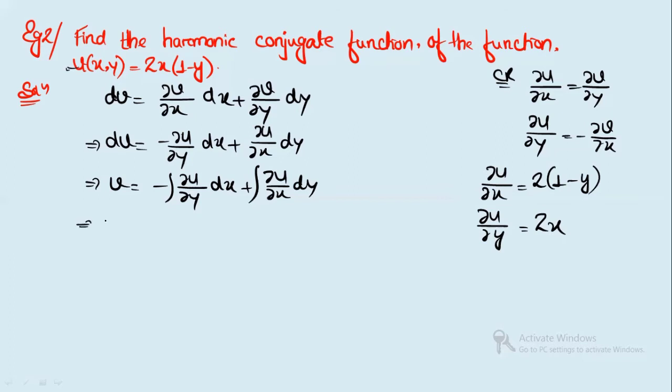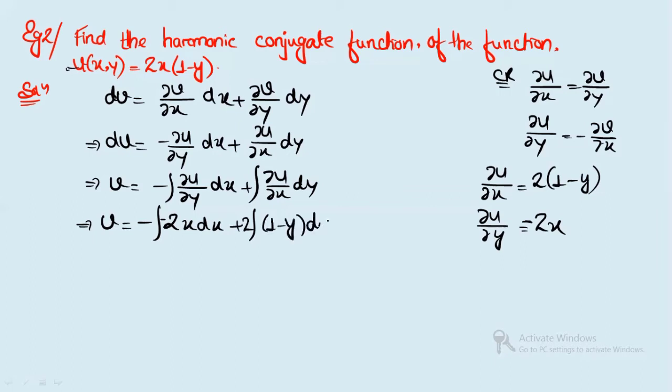So you will substitute here, this minus is as it is, and this will give you 2x dx. You can see there will be a negative sign also, it is minus y, so one minus will be there. I missed it, you can just check. Plus ∂u/∂x gives 2, which is constant, times (1 - y) dy.